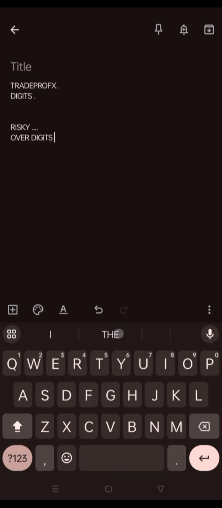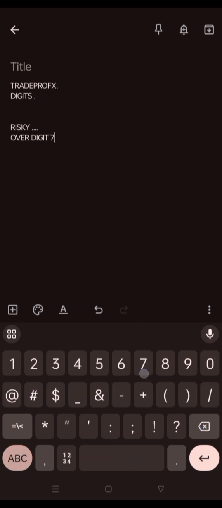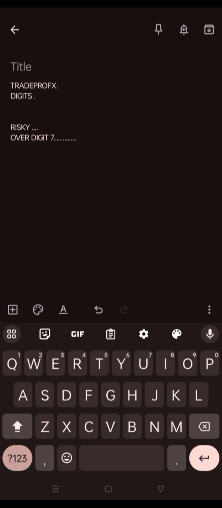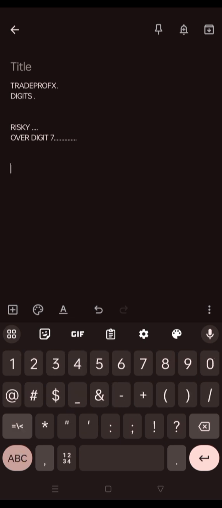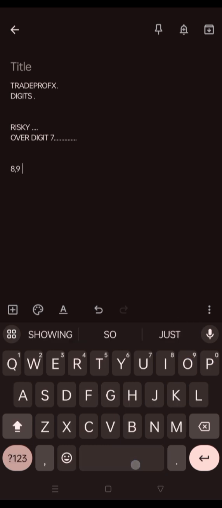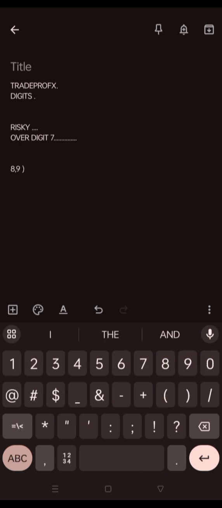7. Over digit 7 is one of the most difficult markets to predict, and someone has asked me very much, because to trade over digit 7 you want to say or mean that the numbers that should come out from that digit is either 8 or 9, meaning you are predicting only the two digits to appear, digit 8 or 9.